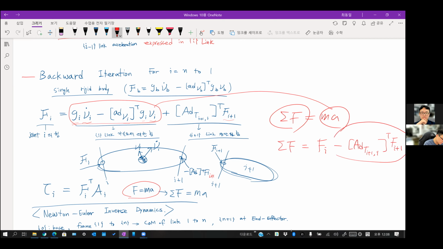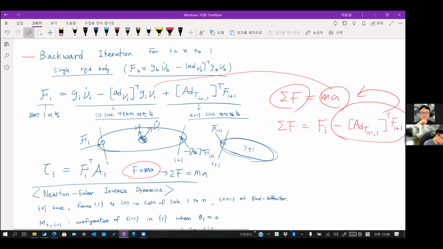And this term is moved to the other side here, so it becomes a plus value. And finally, this equation came out. So this one is the resultant equation to calculate inverse dynamics.